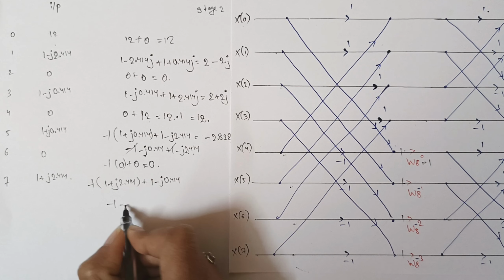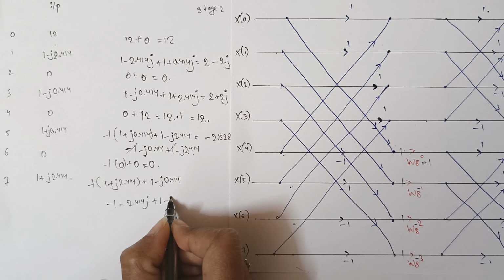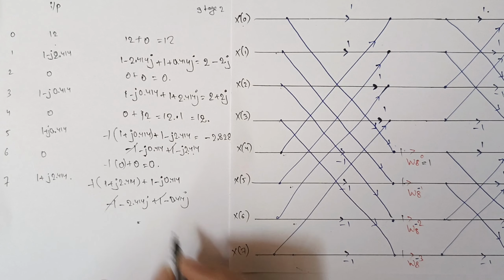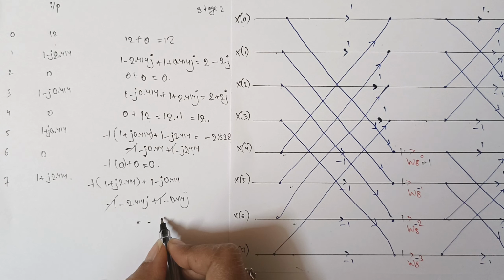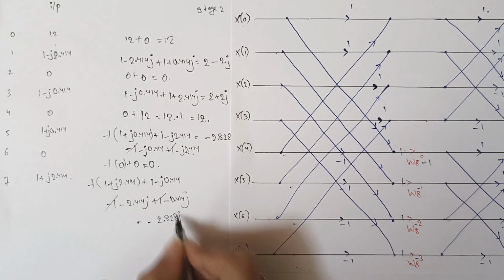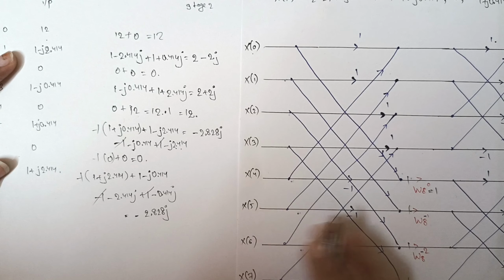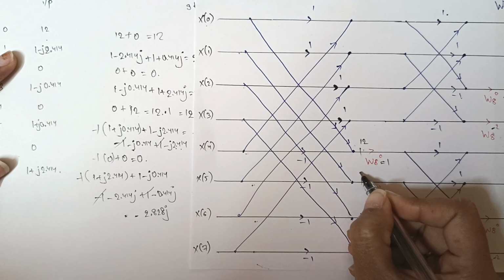So this is -1 minus 2.414j plus 1 minus 0.414j, so 1 and 1 will get cancelled, and here we will get minus 2.828j.